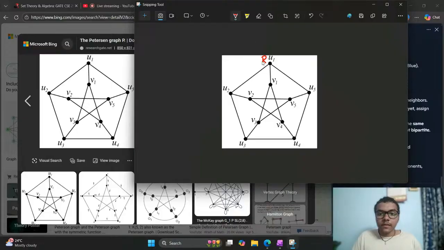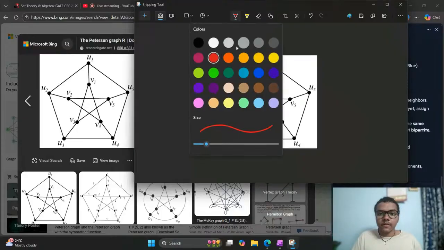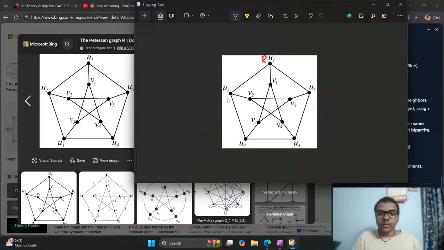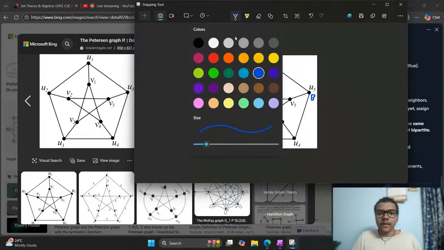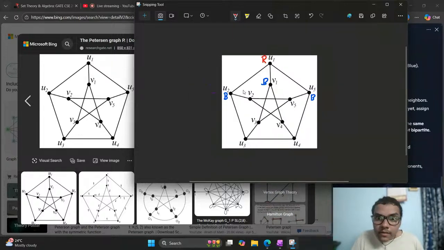So let's color it red and let's color the other things blue. So this should be blue and this should be blue and this should be blue. These are the adjacent vertices. And now scan for other vertices of these. So this should be red and this should be red.